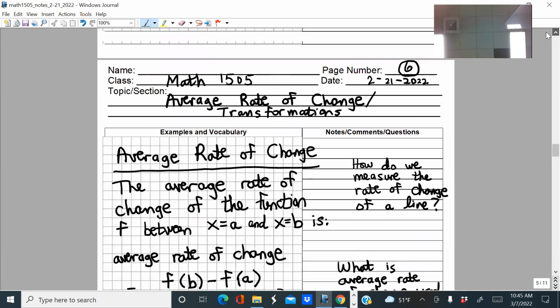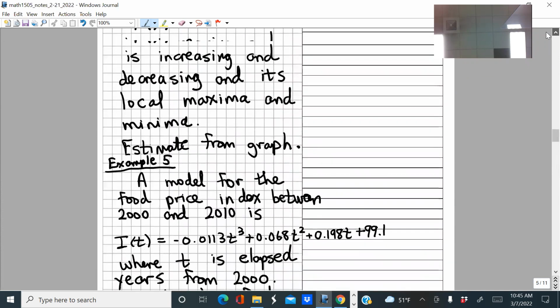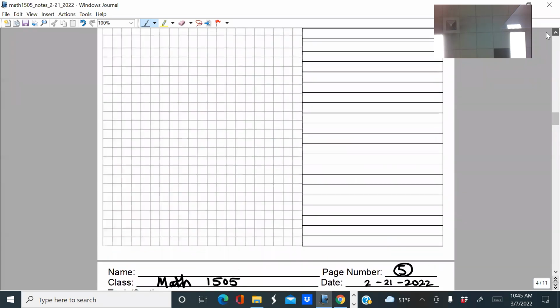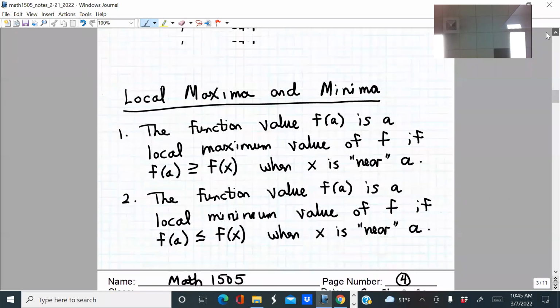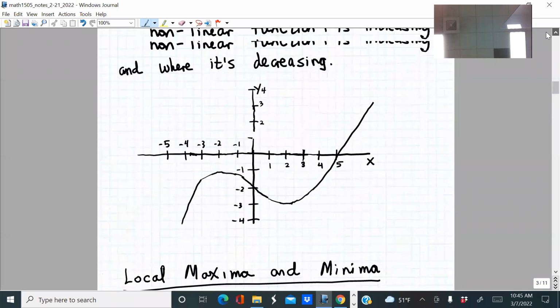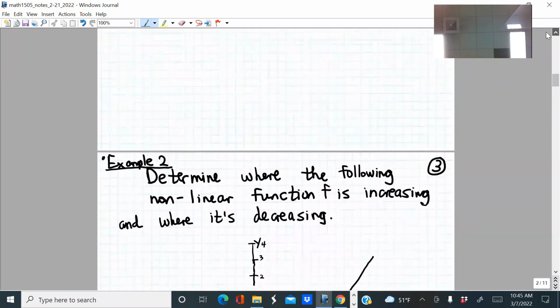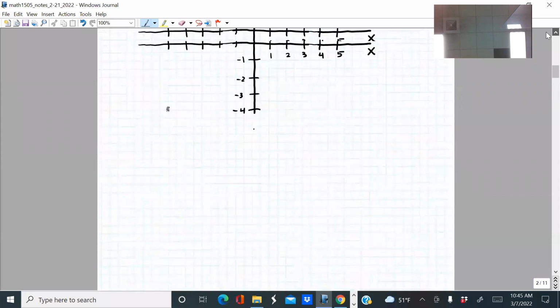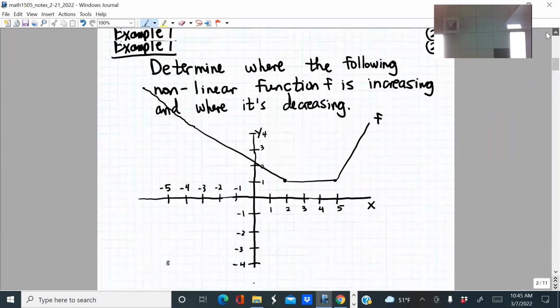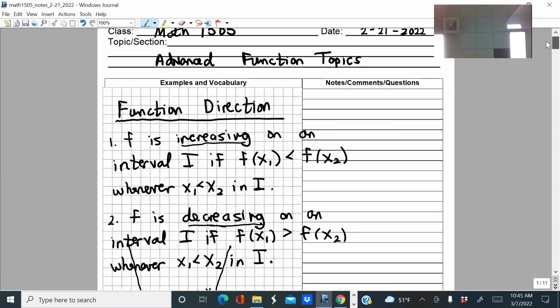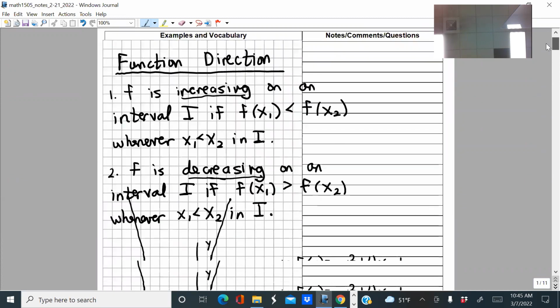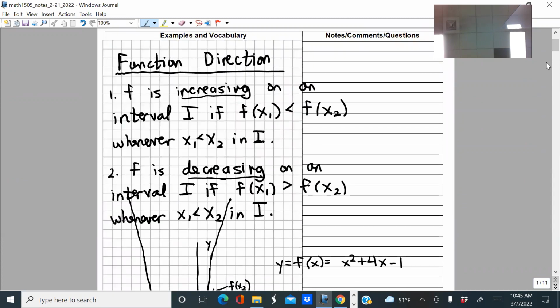So let me scroll up here to the top of the notes. In mathematics, when we describe how a function is oscillating, or how a function is waving or wiggling, as I like to say, some of the terminology we use is called increasing and decreasing.